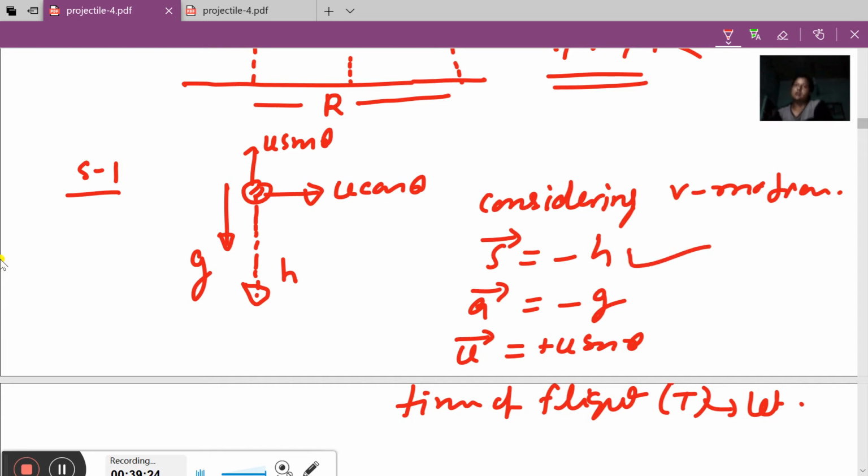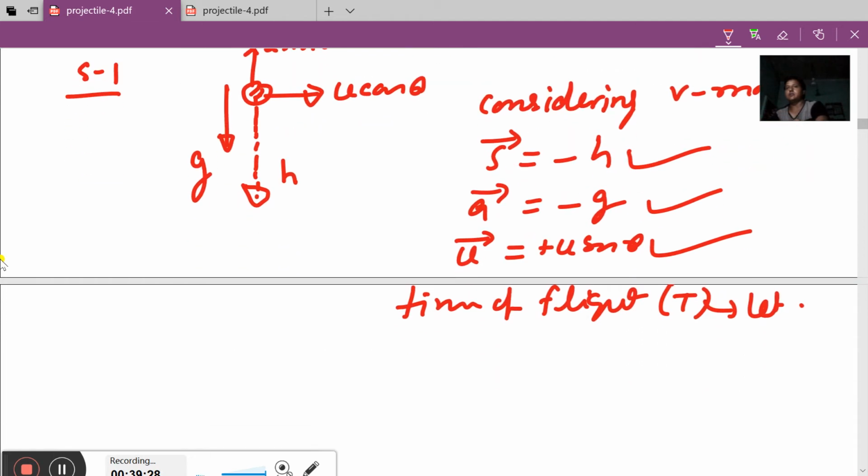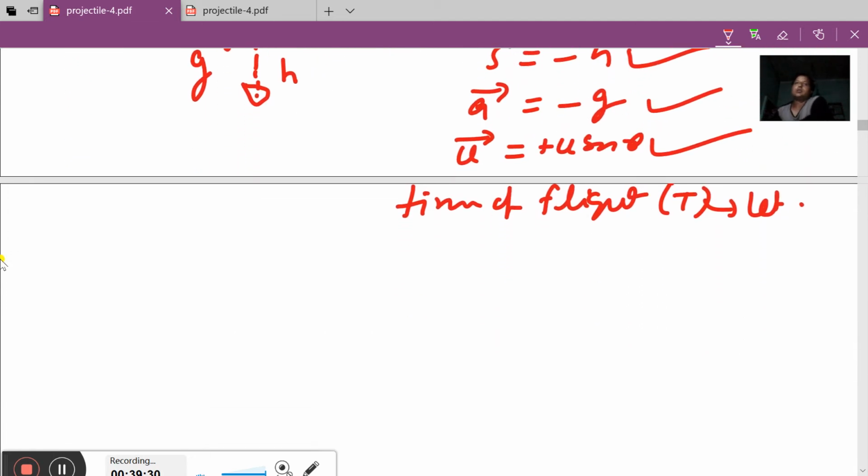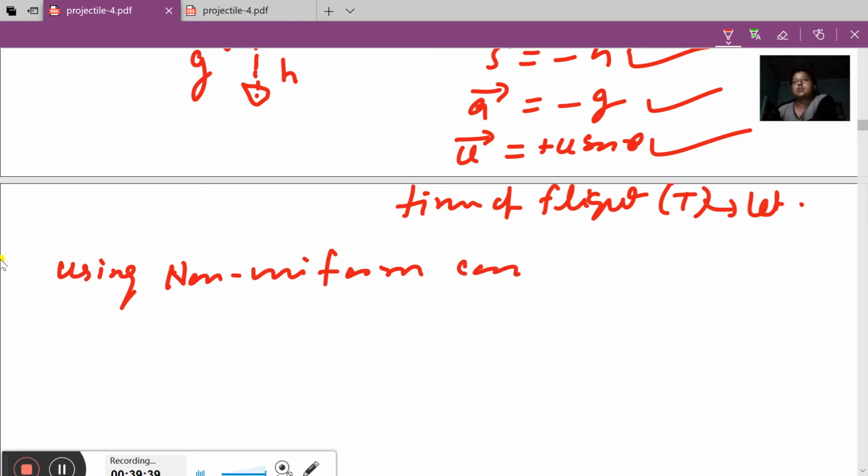If h, g and u sin theta are given, we can calculate t using the constant accelerated motion equation.